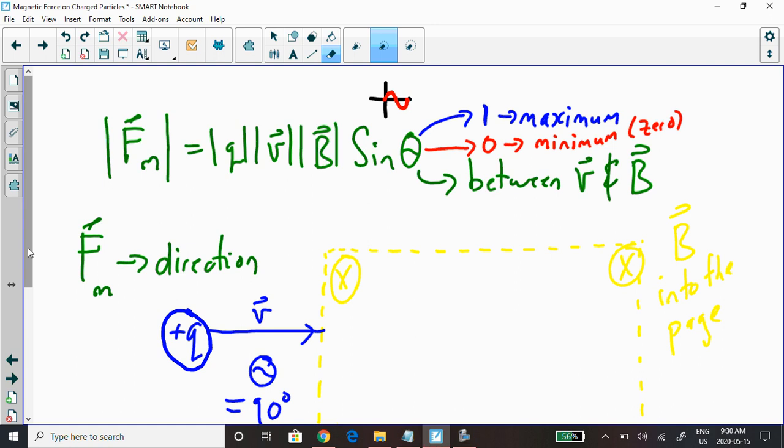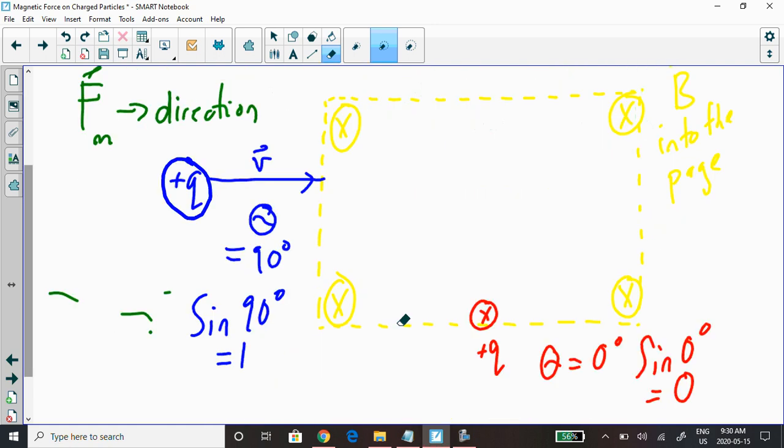Now, if we change things around a little bit, and let's say I'm shooting that same charged particle, here's this positively charged particle, Q, and I'm shooting it into the region that has a magnetic field, but now let's say I'm shooting it into the page. That's why I've drawn this red circle with an X. It's telling you that this particle here, positive Q, is shot into the page.